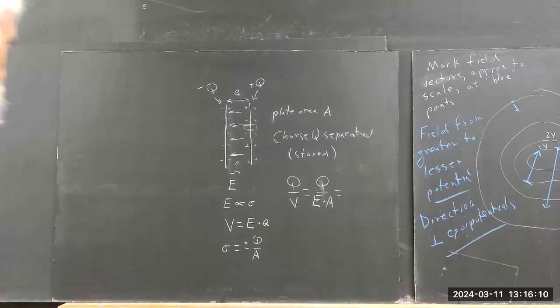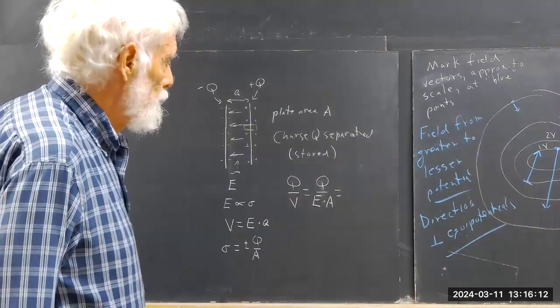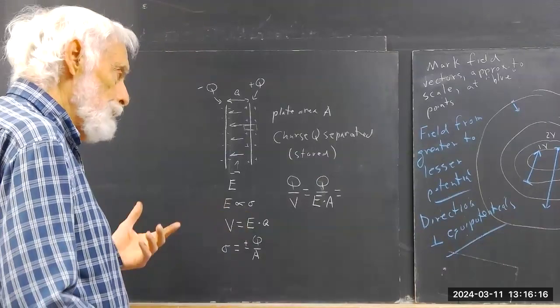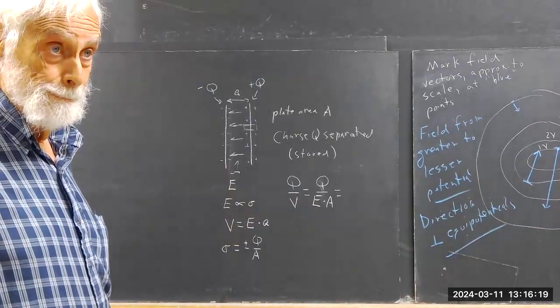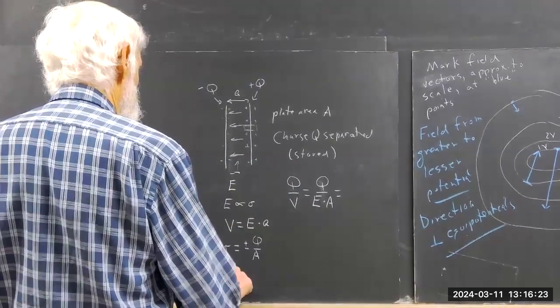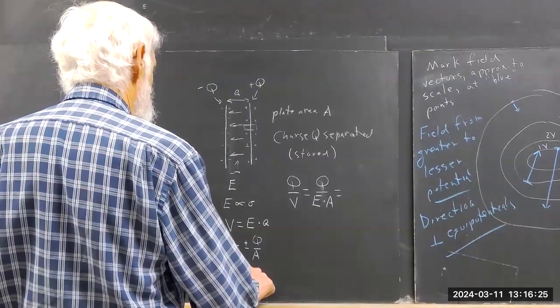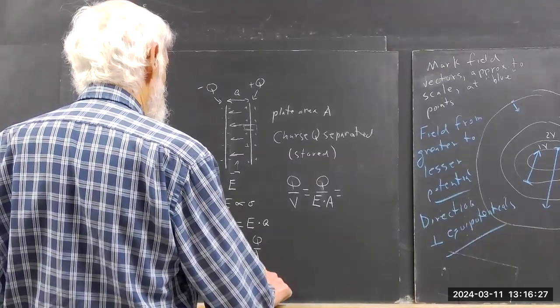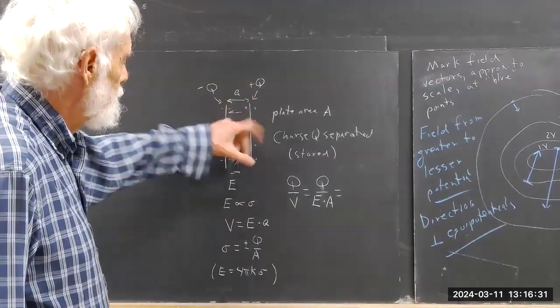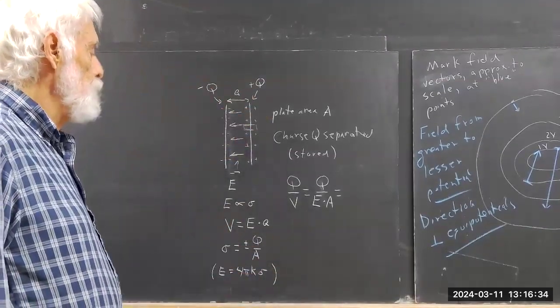Not exactly what I was going to do. Okay. We have this over this. E is proportional to sigma. In fact, E equals 4 pi K sigma. You have the field from this plate is 2 pi K sigma.